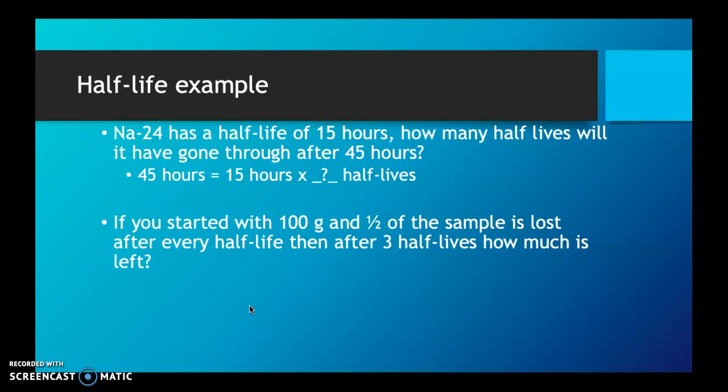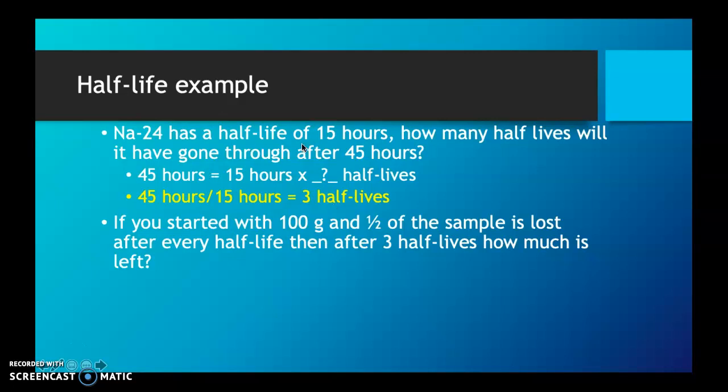So if I have 45 hours, we just got to do a little bit of algebra. I know that my half-life is 15 hours. I know that I have gone a total of 45 hours. So how many half-lives do I have? 45 divided by 15 means I have undergone 3 half-lives.